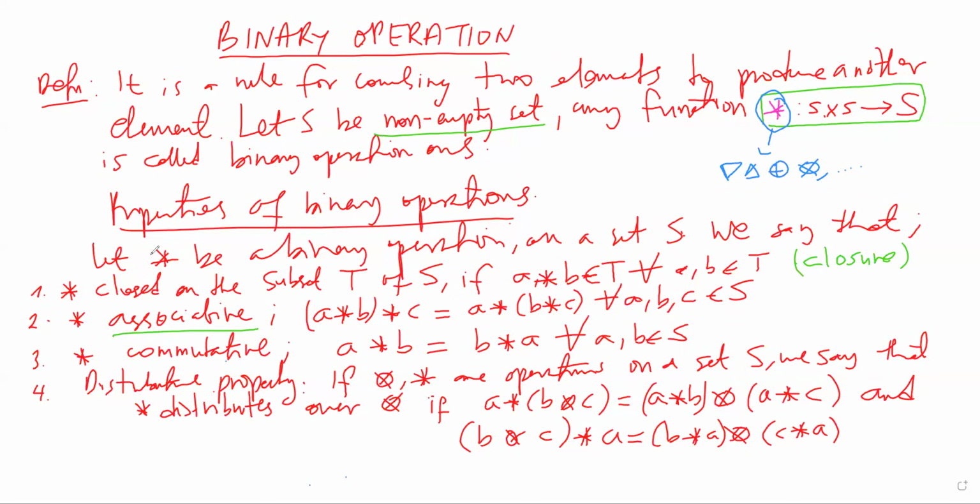So these are the four properties of the binary operation.